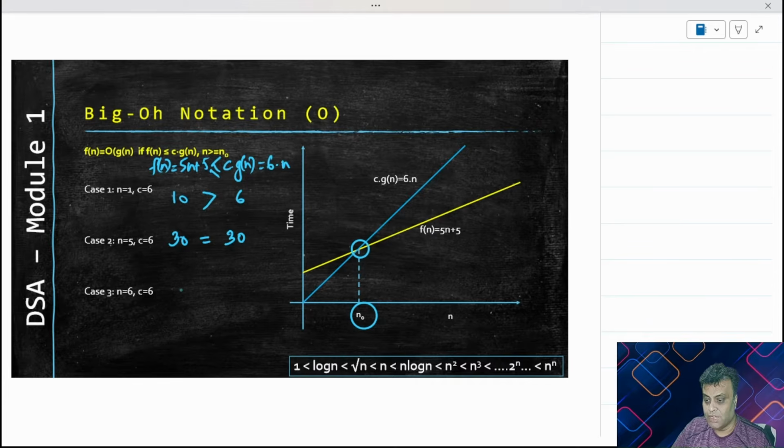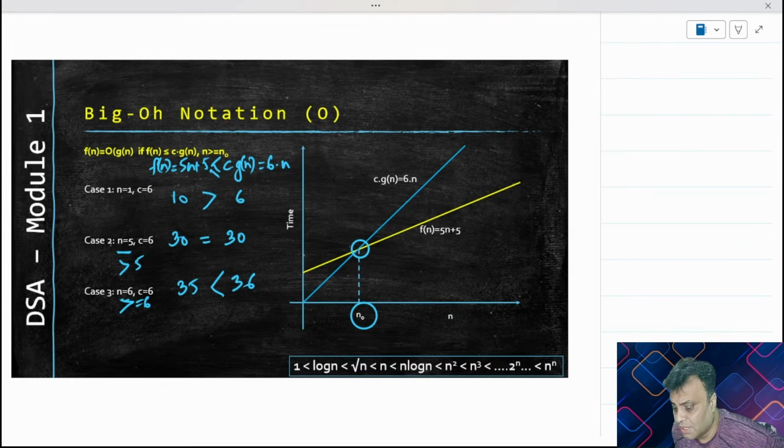Now, if we go one more step further, n equal to 6 would mean this is 35, and on the right we will have 36. And you can see now that Cgn has crossed Fn. So at n equal to 6 or after n equal to 5, whichever way you choose, you can say greater than 5, or greater than or equal to 6, we can say therefore that now we have the upper bound defined by this particular Cgn, which is 6n.